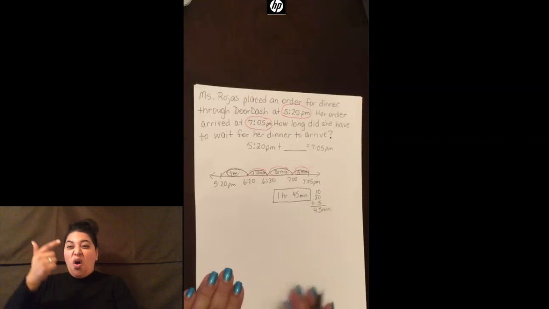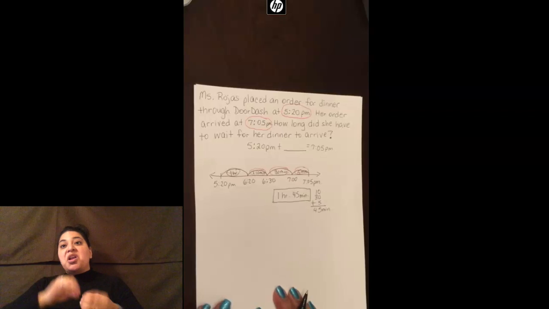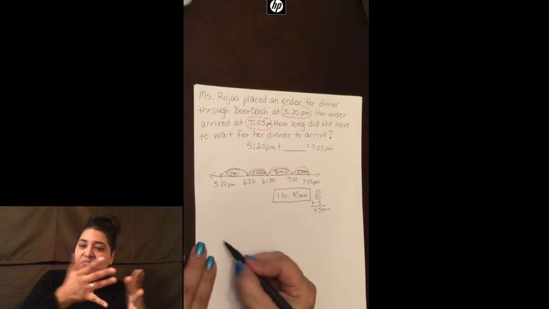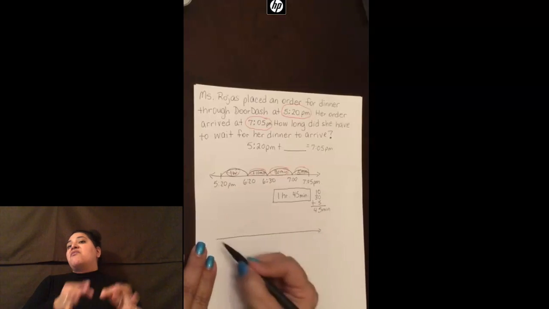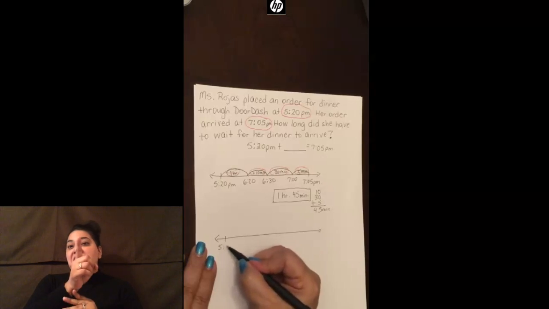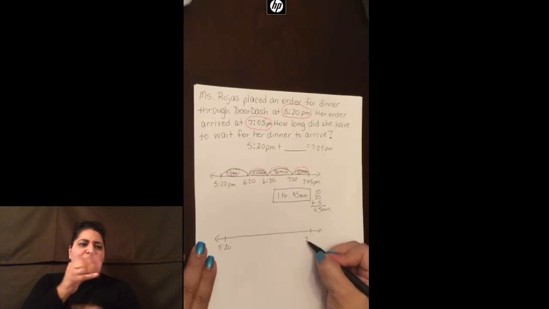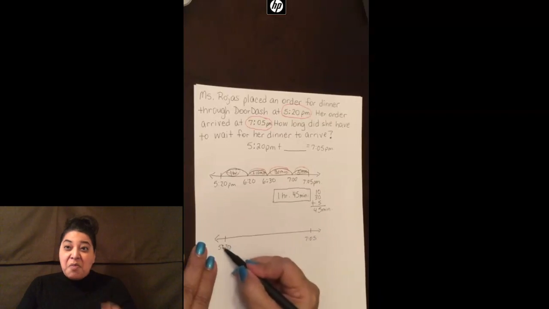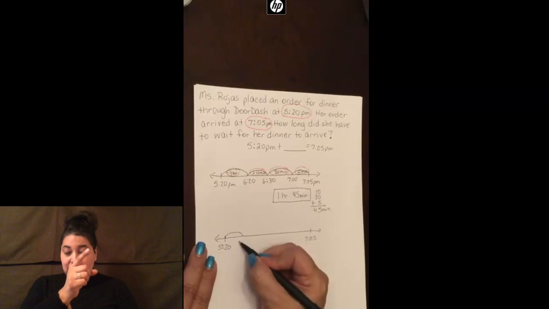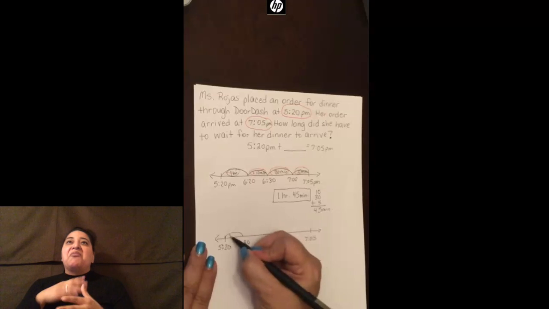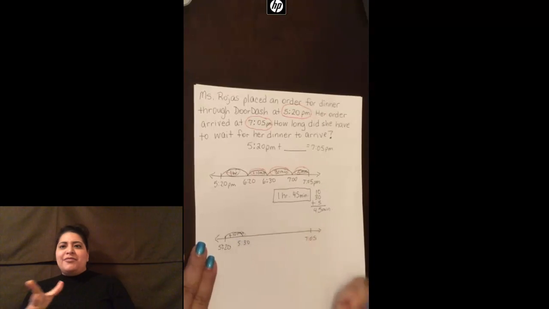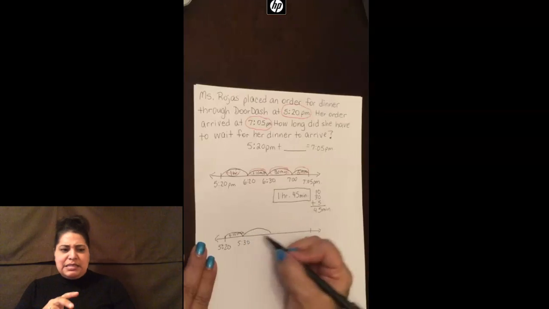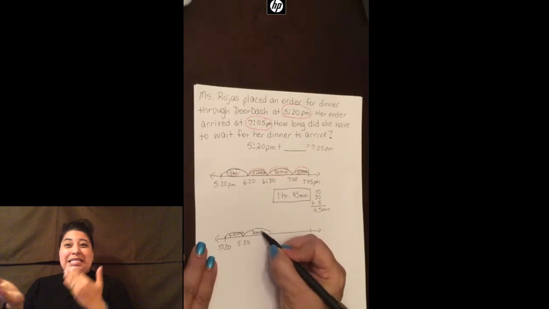And as we've been learning, there's always going to be more than one way to solve a problem because as mathematicians, we all think a little bit differently. So maybe your number line is going to look a little bit different. Maybe instead of starting with the hours, you want to get to a friendlier number with your minutes. So with 5:20, maybe I want to go to 5:30, which means I'm going to have to add 10 minutes here. And then I'm more comfortable going half an hour at a time, which is just fine. Whatever works best for you.